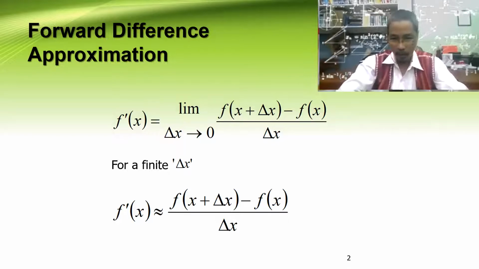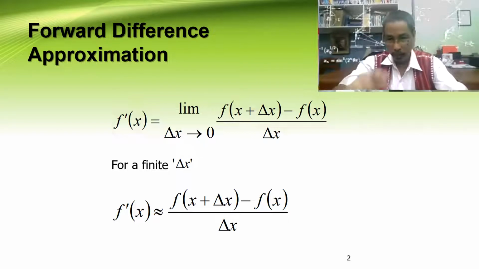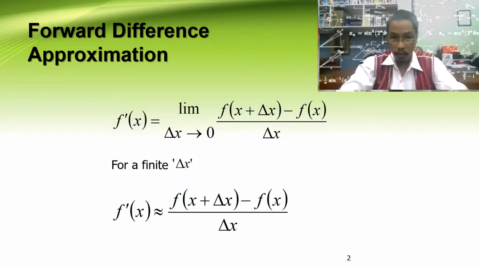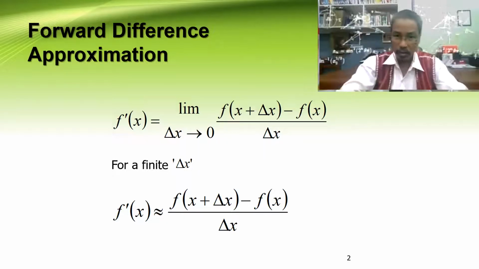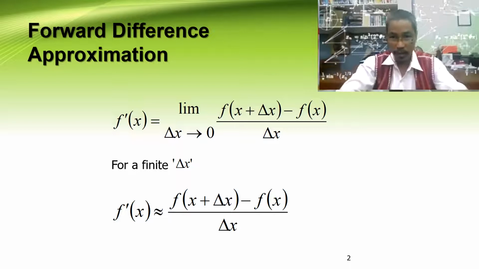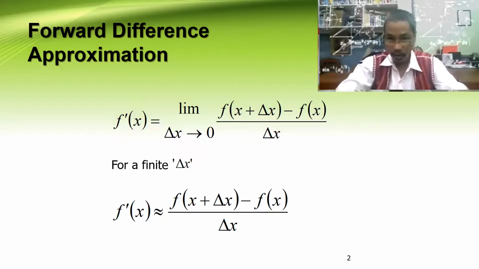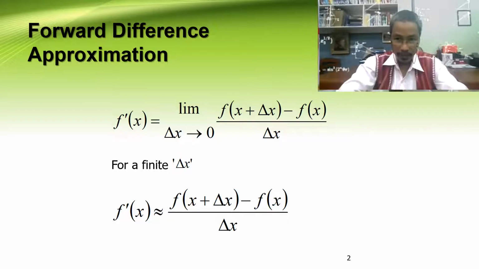You will notice the difference between the upper and lower equation. The difference is that there is no mention of limit as delta x approaches 0. There is no limit. The function limits in our calculus are neglected.